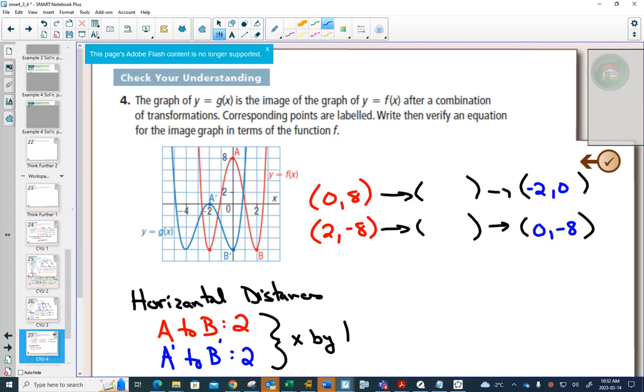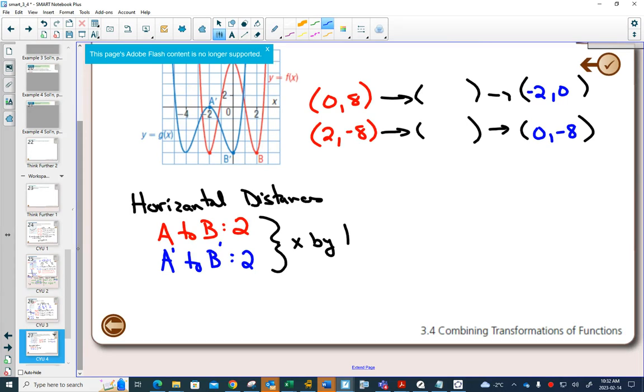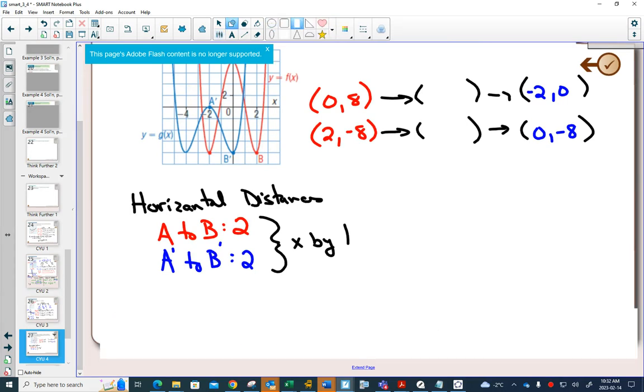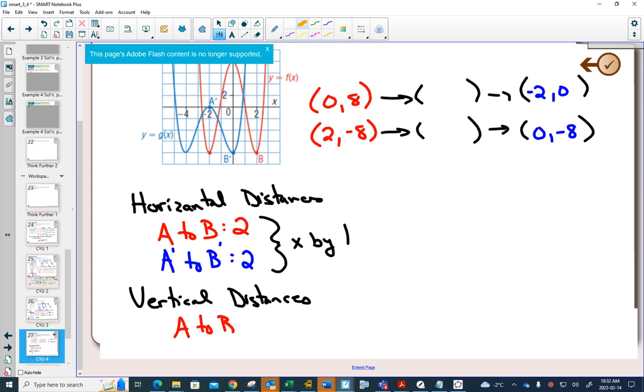However, when we look at our vertical distances, from A to B on our red graph, A starts at +8, and we go down to -8.